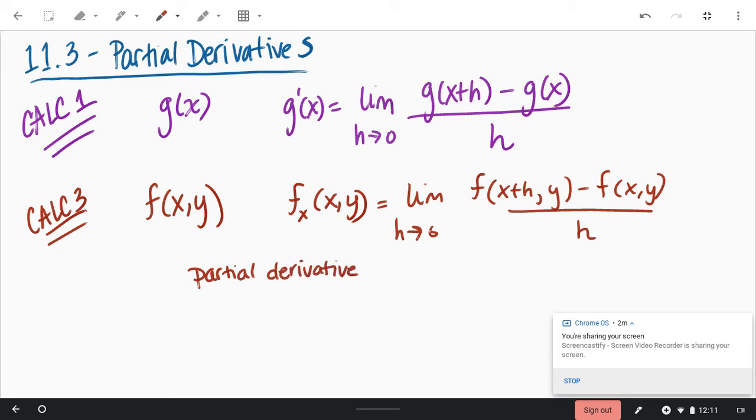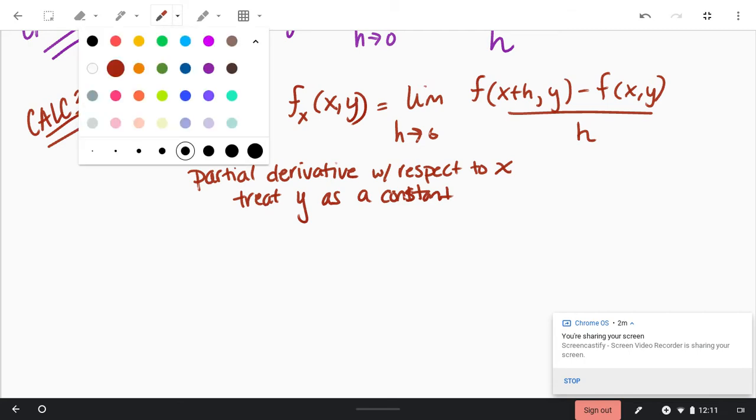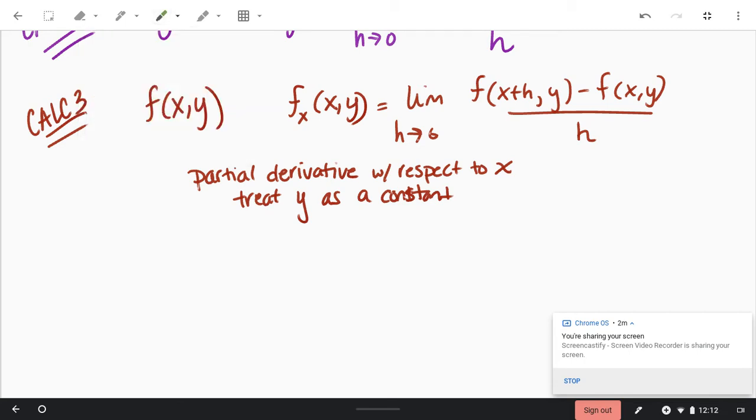You might see both of them. Let me see if your book has a specific one they choose. They don't really. Okay, partial derivative with respect to x. So you treat y as a constant. Then we can do the same thing with y.